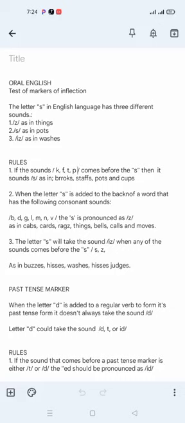Sometimes letter S takes the sound S. Sometimes it takes the sound Z, and sometimes it takes the sound IZ. So how do you differentiate between when the letter S should take any of the sounds? I'm going to be giving you tips and rules you can engage to help you decide, whether you're speaking or you're just learning for examination purpose.